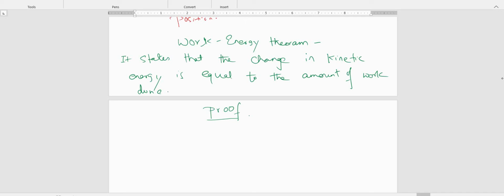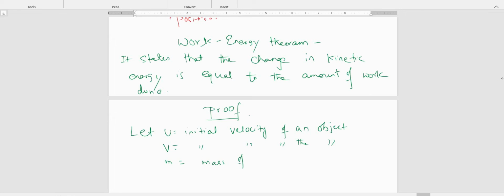Let u be the initial velocity of an object, and v is the final velocity of the object, and m is the mass of the object, and a is the acceleration of the object.